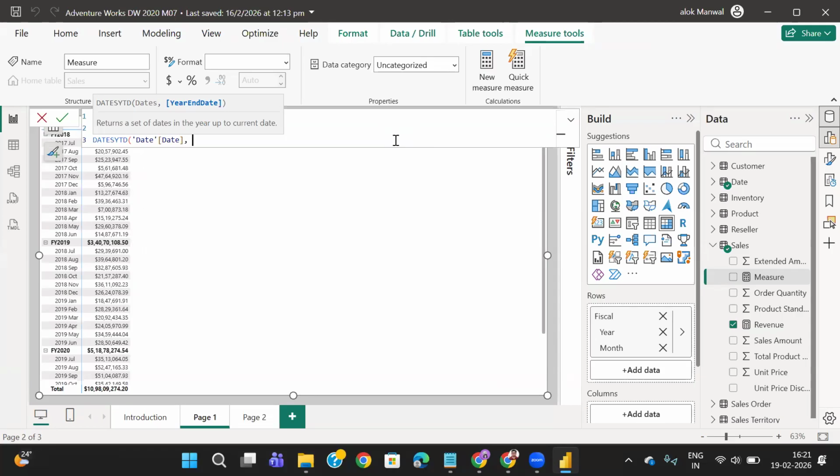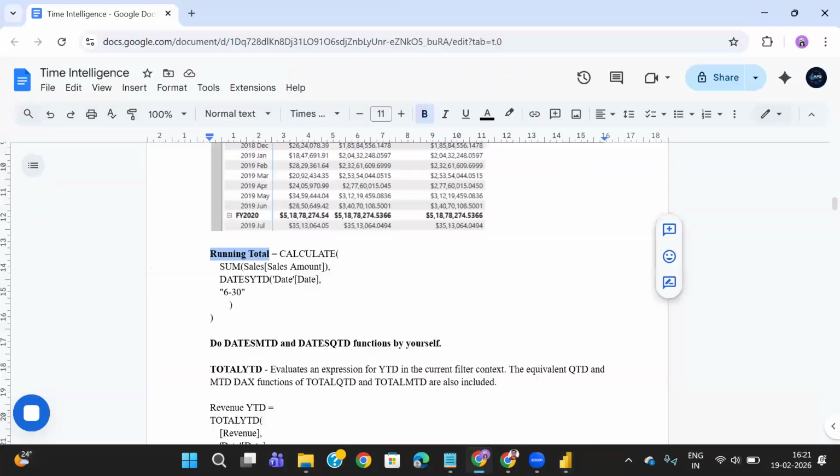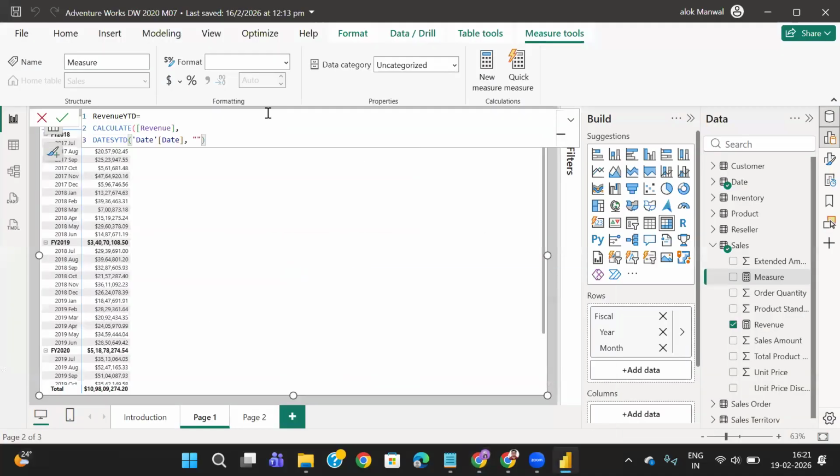Now what I have to do is give the definition, and the definition is June 30. How do we write June 30? It's in numerical value. 30 and June. 6 means June, and 30 is the date. So this is our revenue.